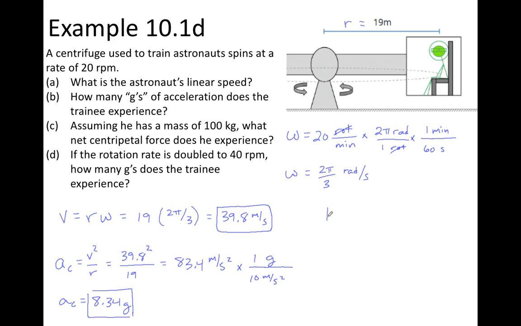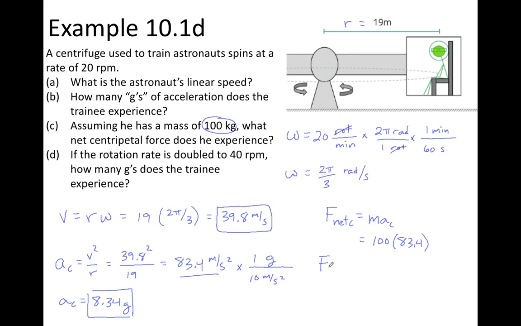And so what force is this astronaut going to be experiencing? Well, we can calculate the amount of force by multiplying the acceleration times the mass. It says that the astronaut has a mass of 100, and I'll multiply by the centripetal acceleration in meters per second squared.